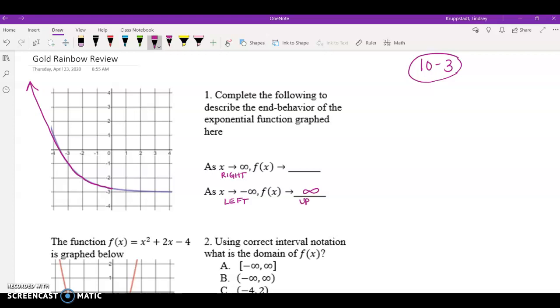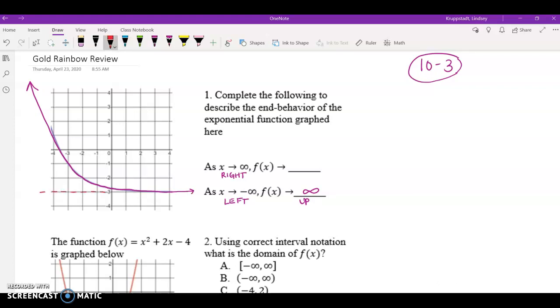This is an exponential curve, and these are one of the harder curves to do end behavior with because it's not going down on the other side, right? So if I'm going to the right, this curve is not actually going down. It is flattening out, and it's flattening out along that asymptote.